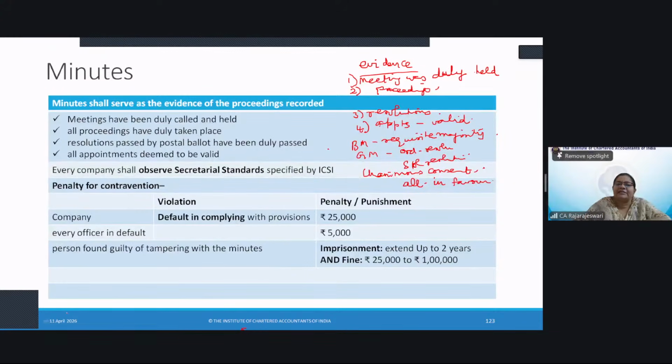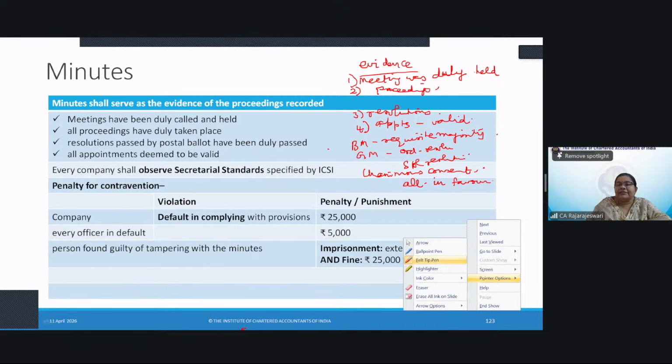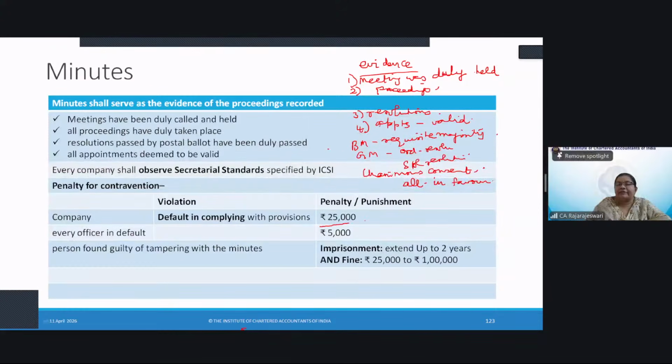Then for any penalty or contravention, the minutes have to be maintained. For default in complying with the provisions, the company is liable for 25,000 rupees and every officer is liable for 5,000.